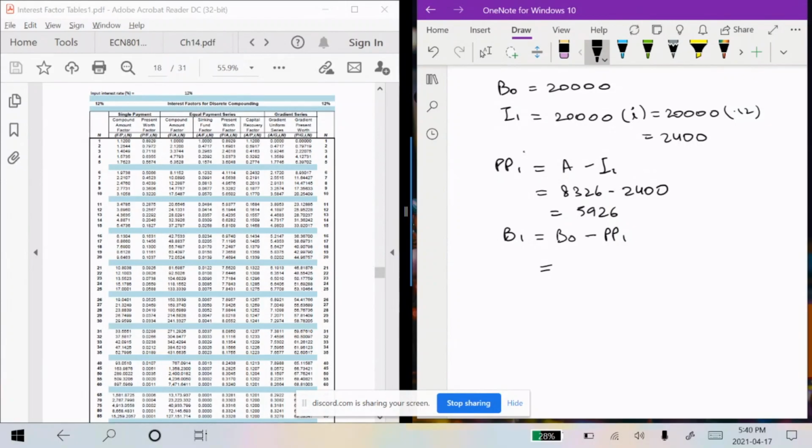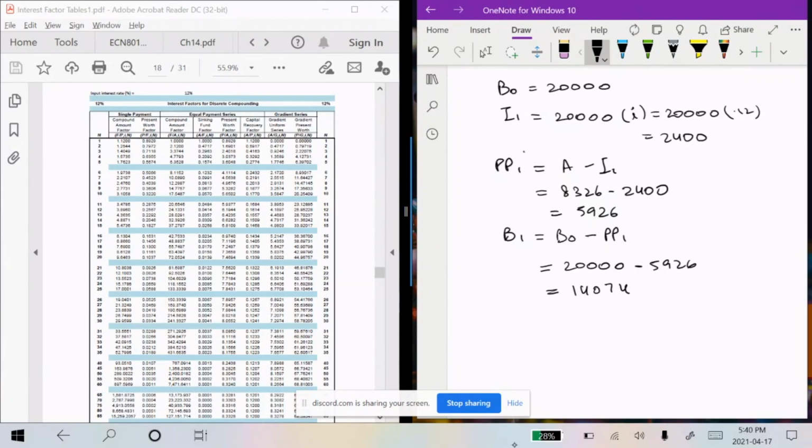He said it might take around 20 to 25 minutes, so if you think you're taking a lot of time, don't worry, because it is supposed to take a lot of time. So 20,000 minus 5,926, 14,074.